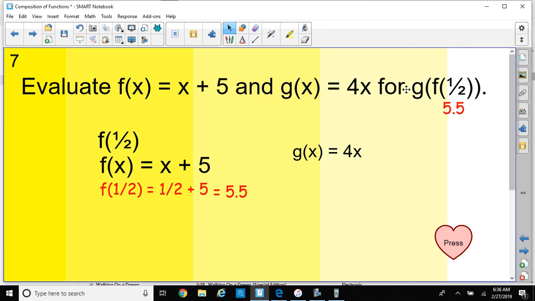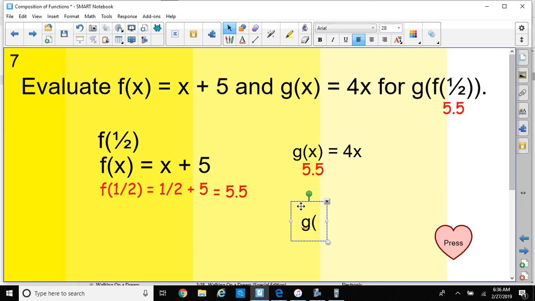Let's clone that. Inside of the g of x. So g of 5.5, in parenthesis, is equal to 4, and we're going to substitute again.